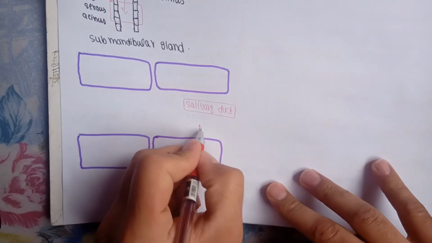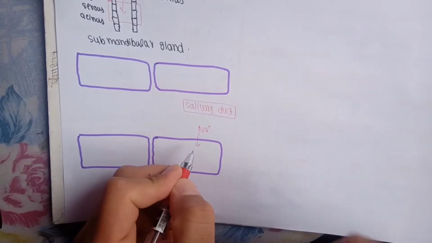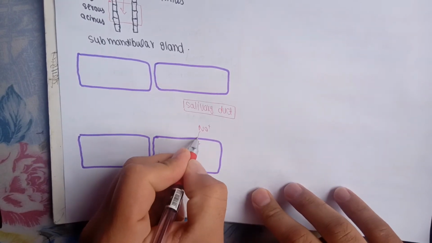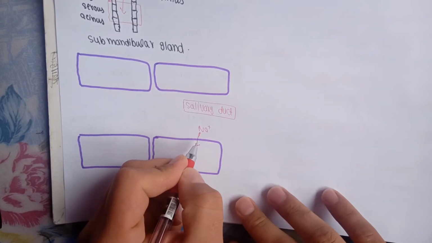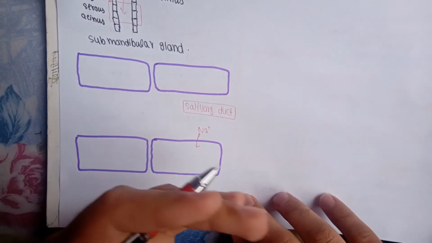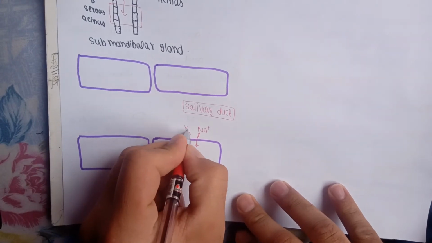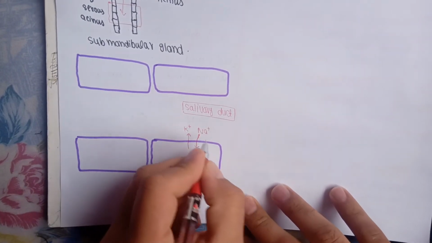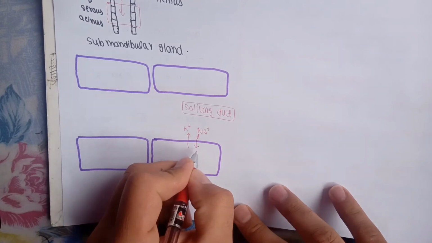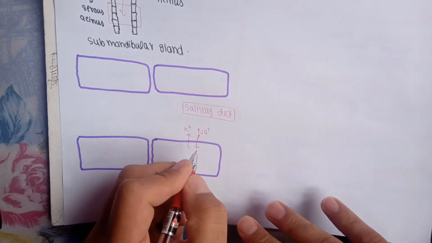So sodium ion is actively reabsorbed here, in exchange for potassium. Or, as it is active reabsorption, we cannot say that it is an exchange, but here potassium is secreted into the saliva. Here sodium is actively reabsorbed and potassium is secreted actively.